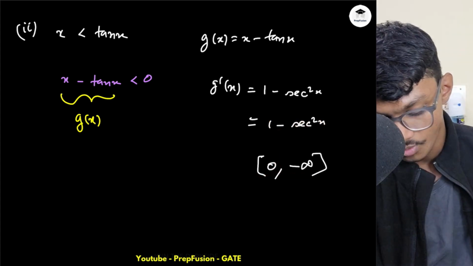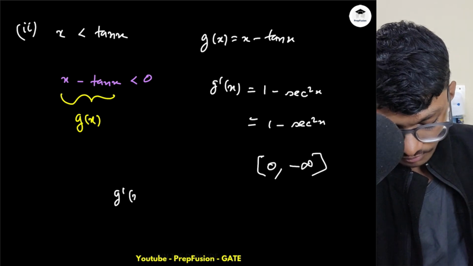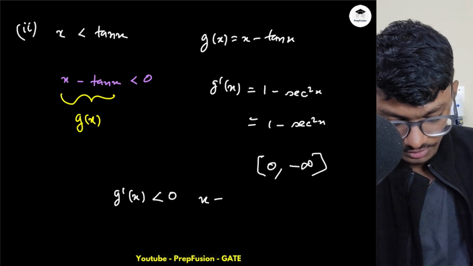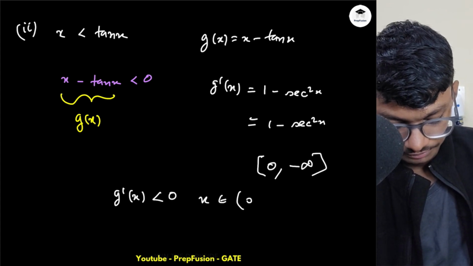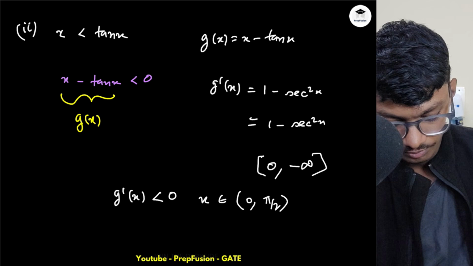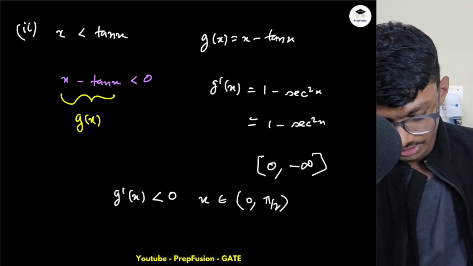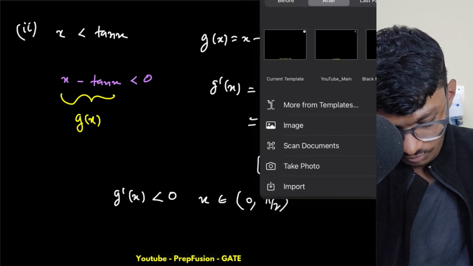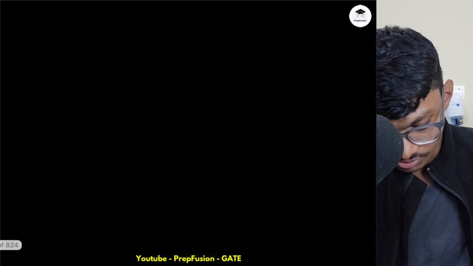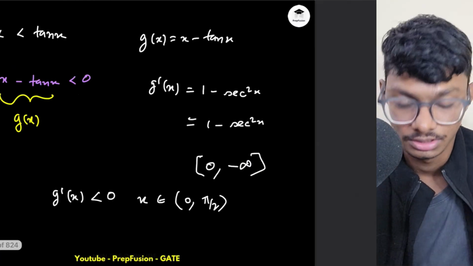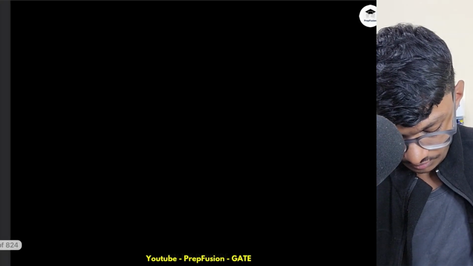So hence I can say my g dash of x is always less than 0 for x belonging to 0 to pi by 2. Okay, now what I can say is, what will happen to my g of x?